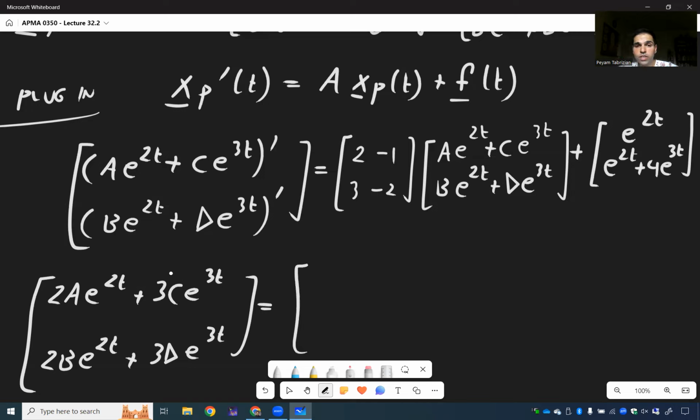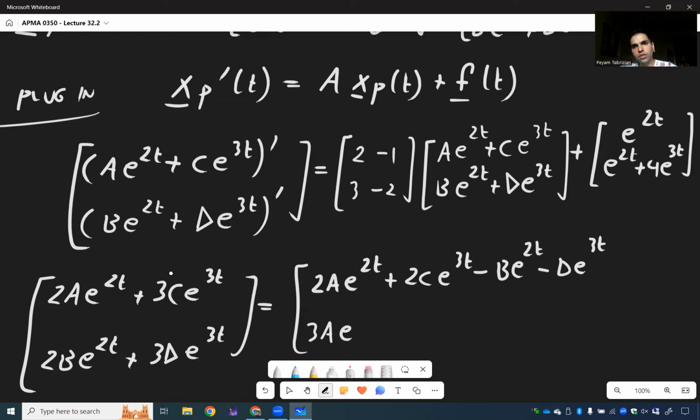And then do the matrix multiplication. So 2a e to the 2t plus 2c e to the 3t. That's this 2. And then we have this minus 1. So minus b e to the 2t minus d e to the 3t. And same thing with 3 and minus 2.